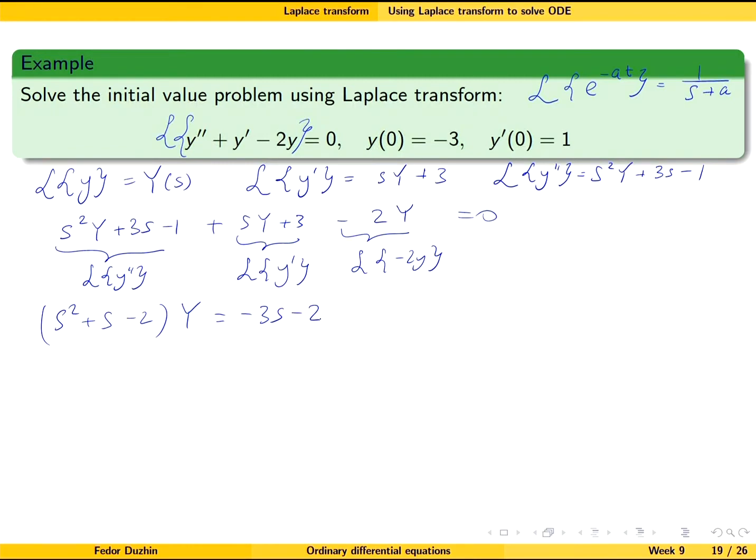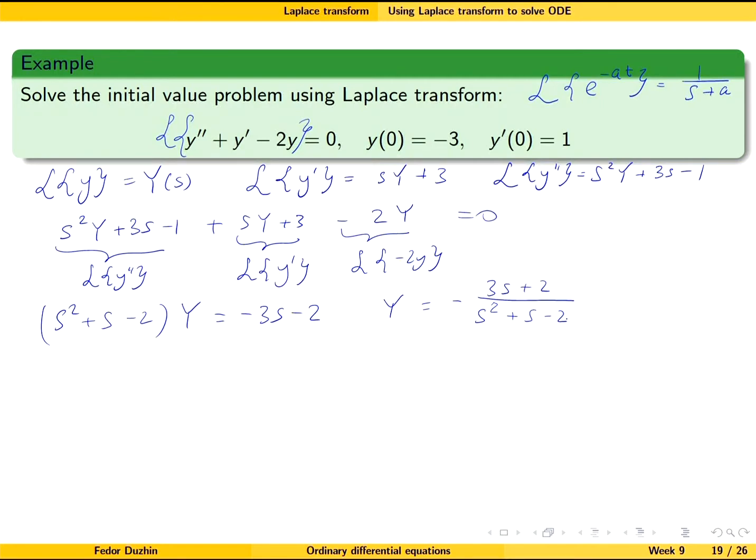Then solving for Y, I'm going to get Y equals minus (3s plus 2) divided by s squared plus s minus 2. So in other words, what I have found is the Laplace transform of the solution of this initial value problem. So now, how do I find the solution of the initial value problem itself?